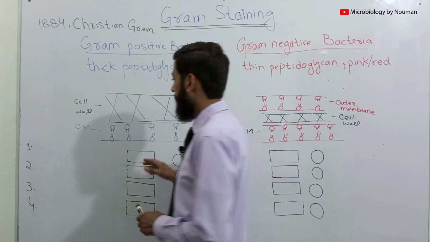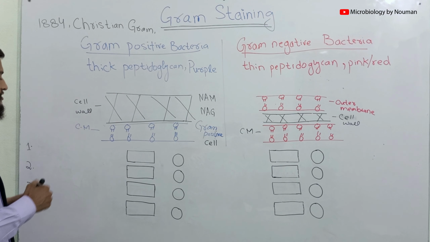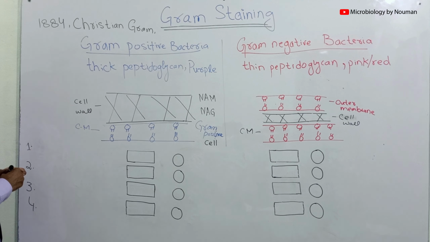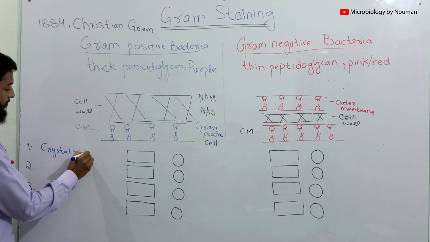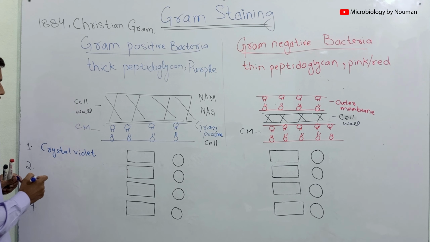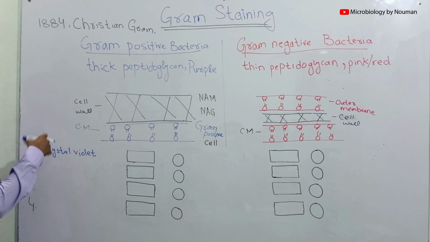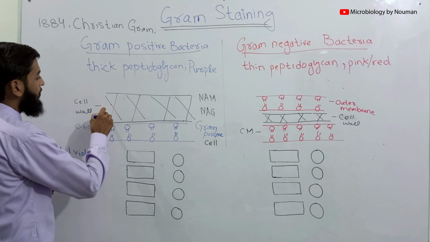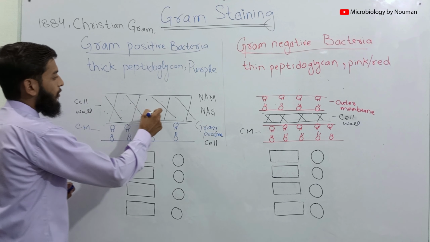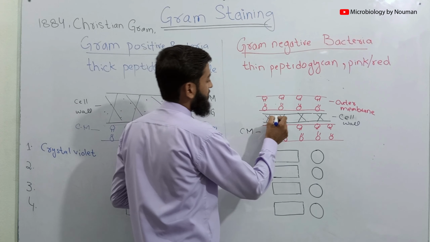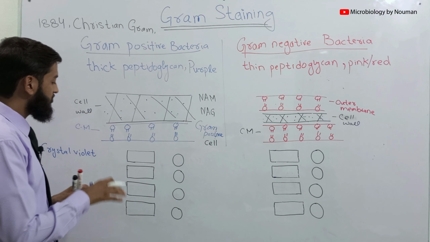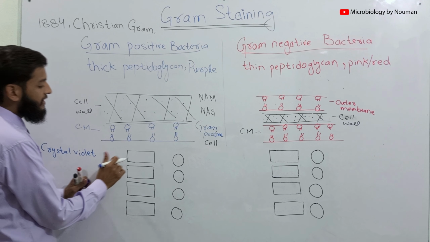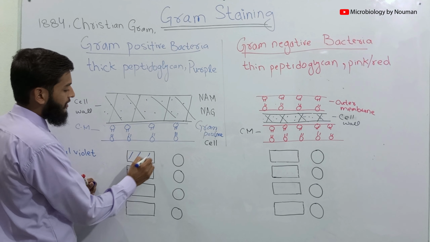The first step of gram staining is we apply a stain known as crystal violet. This crystal violet will penetrate inside the cell wall of both gram positive bacteria as well as gram negative bacteria, and both of these bacteria will be colored as purple.